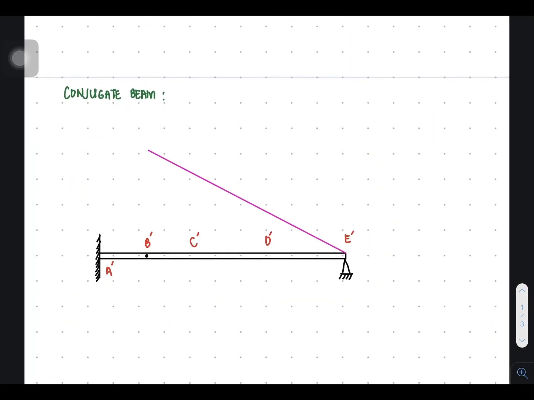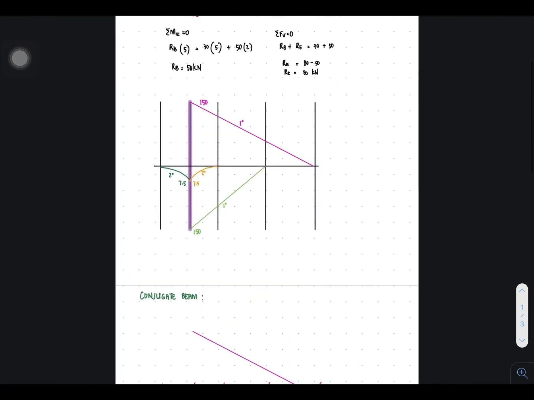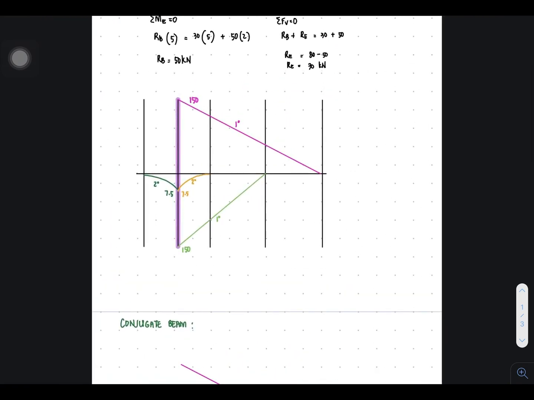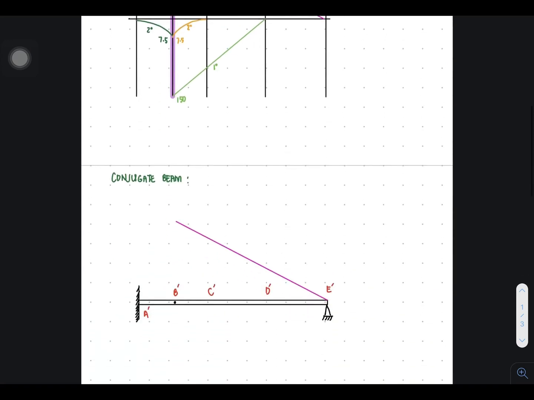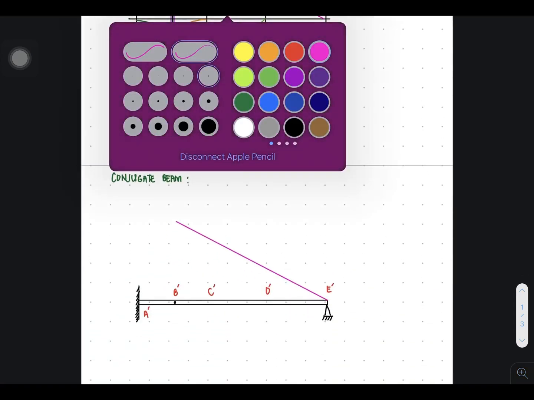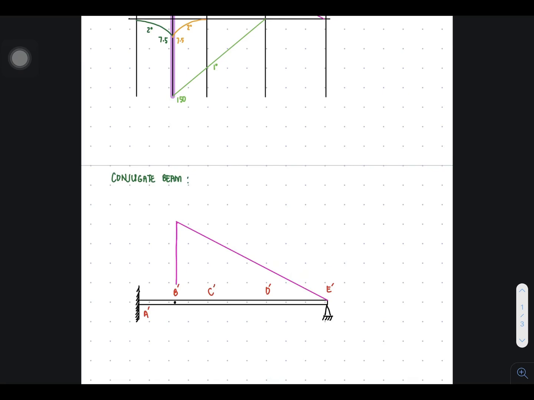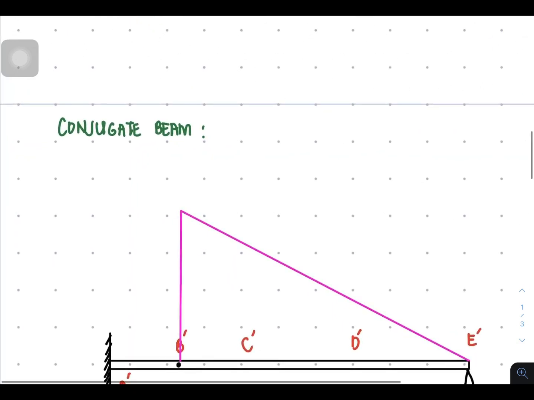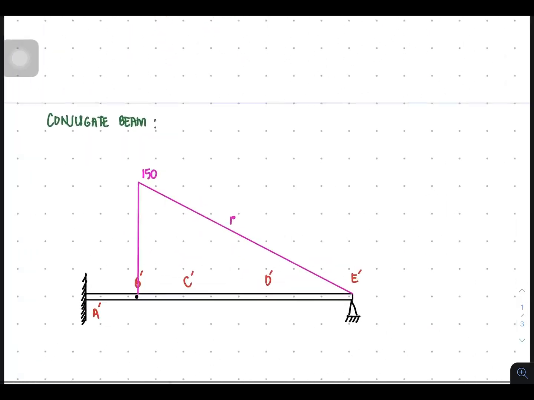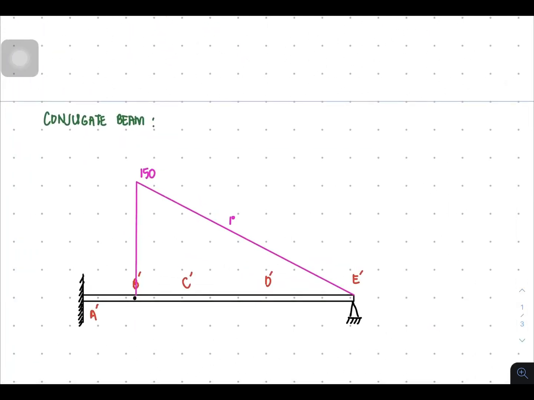Okay, and the value here is 150. Copy 150 and 1. So this is 150, then 1 degree. Okay, and then its direction is positive since it is a positive moment.